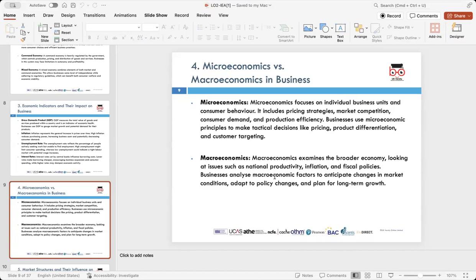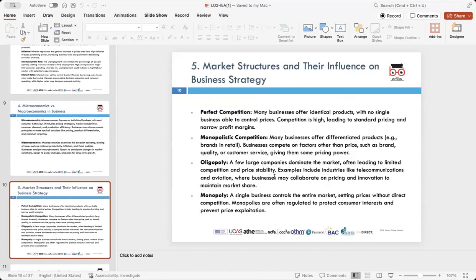For example, during an economic recession, businesses might cut costs and delay expansion to mitigate financial risk.